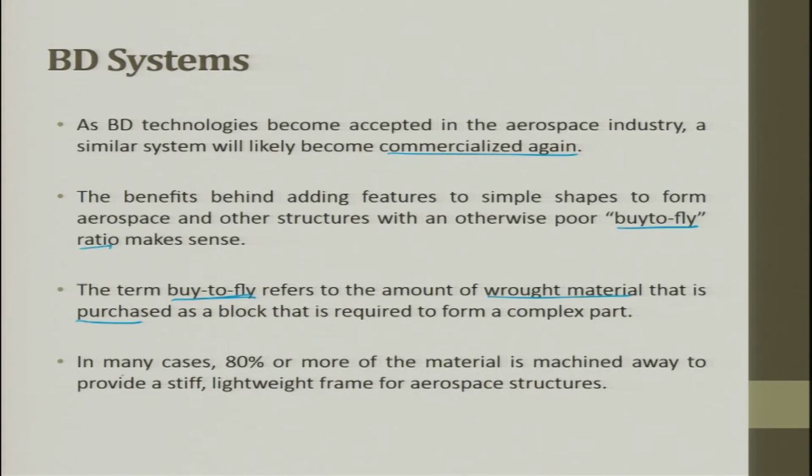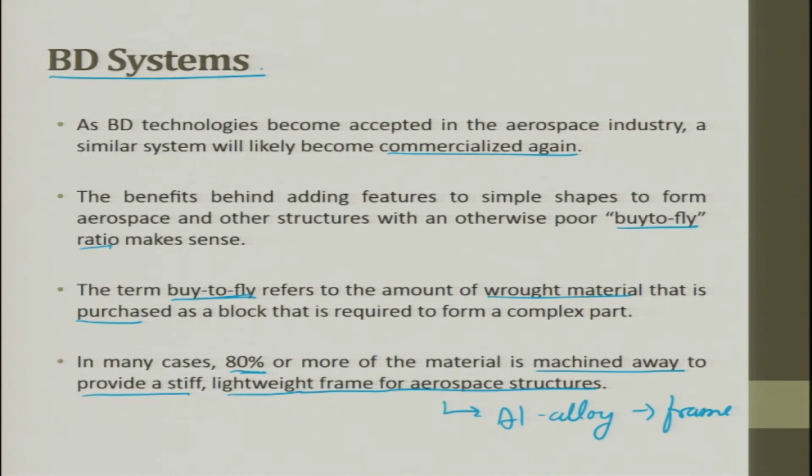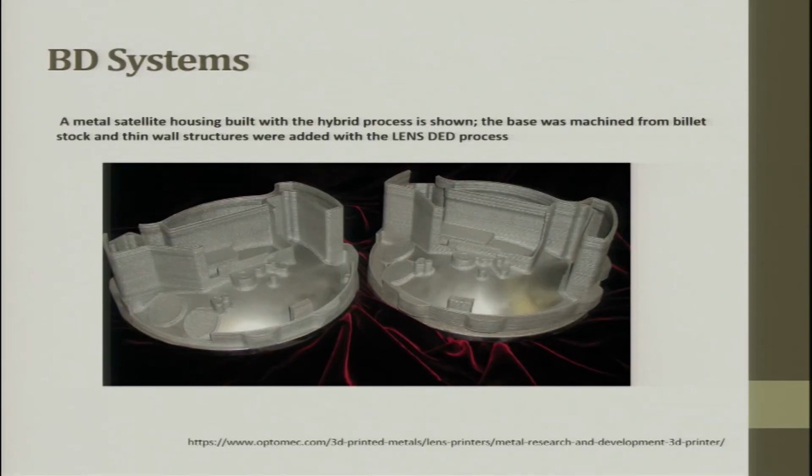complex shape. In many cases 80% or more of the material is machined away to provide a stiff, lightweight frame for the aerospace structure. This is what happens with aluminum alloys for frames. We remove 80% of the material. So, now by using this beam delivery system, direct deposition, we can make energy efficient aerospace materials.